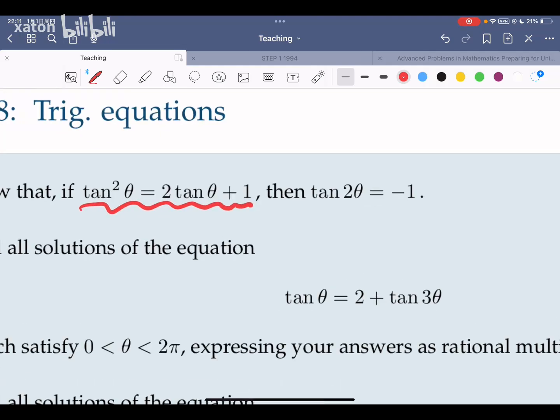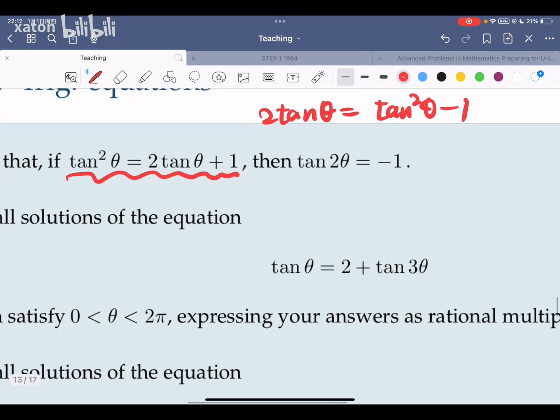We want the 2 tangent theta on the top. 2 tangent theta equals tangent squared theta minus 1. So 2 tangent theta equals minus 1 times (1 minus tangent squared theta).